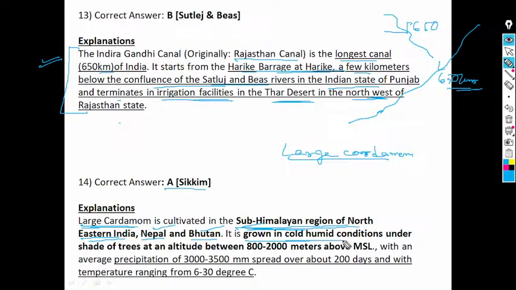It is grown in cold, humid conditions under the shade of trees at an altitude of 800 to 2000 meters above MSL.